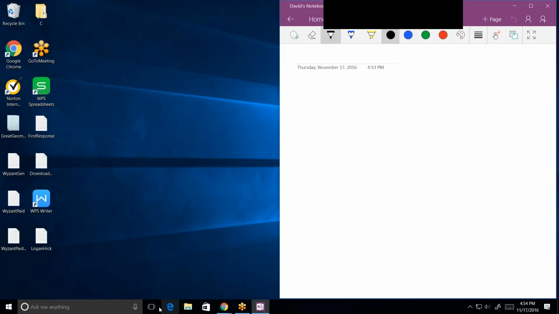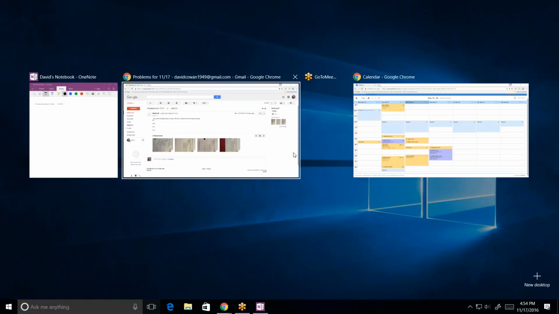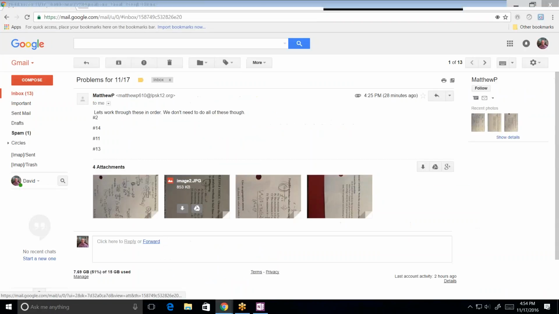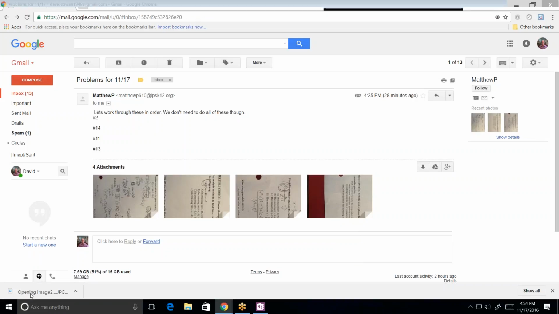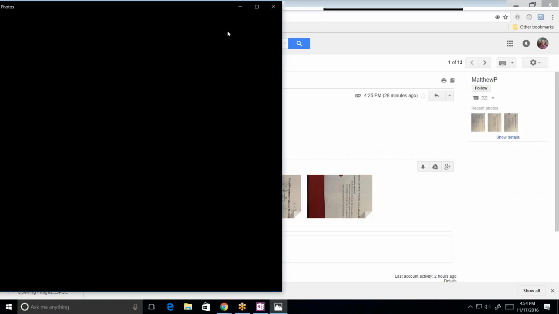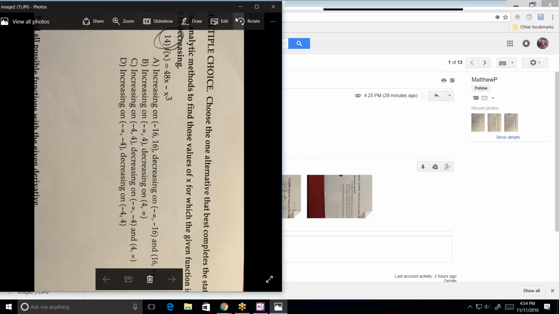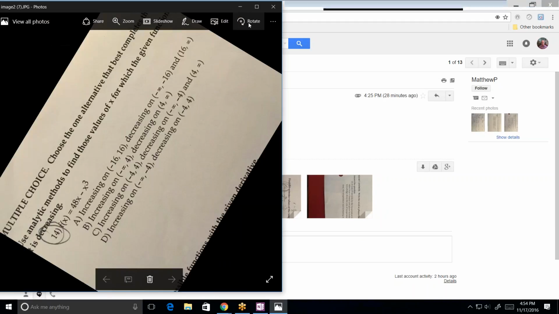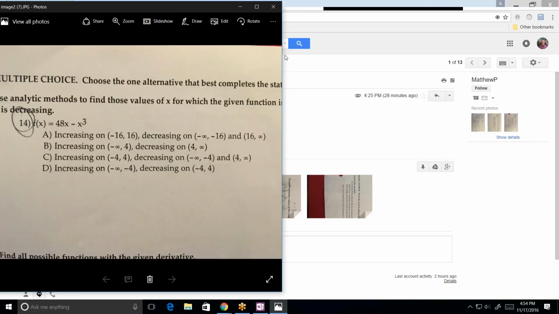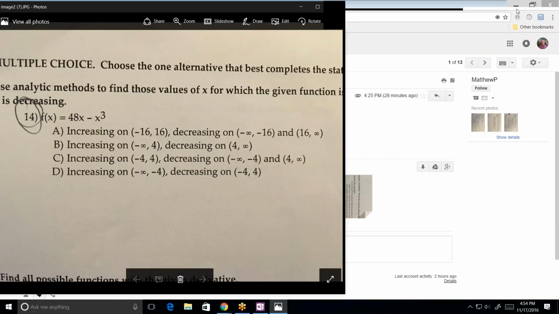The second image should have it on. I got them. Alrighty, 14.